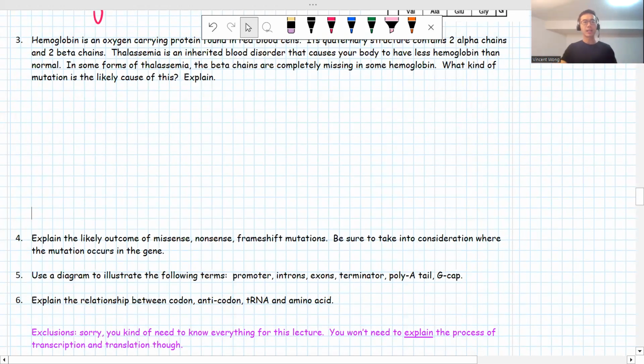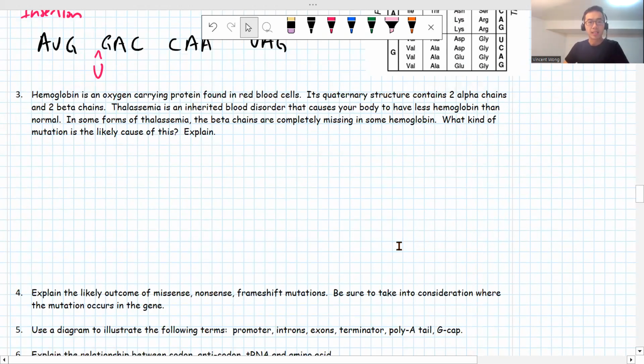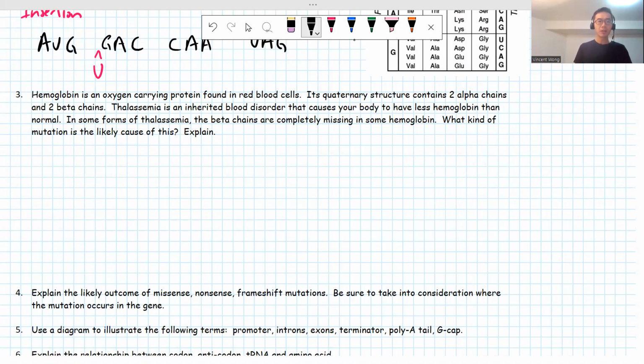Hemoglobin is an oxygen-carrying protein found in red blood cells. Its quaternary structure, so level 4, contains 2 alpha chains and 2 beta chains. Thalassemia is an inherited blood disorder that causes your body to have less hemoglobin than normal. In some forms of thalassemia, the beta chain, this is the key phrase here, the beta chains are completely missing in some hemoglobin.